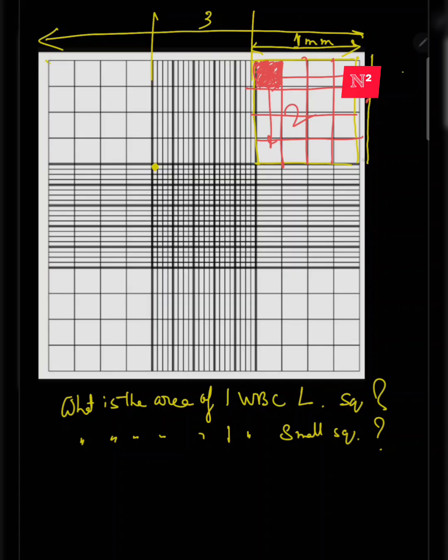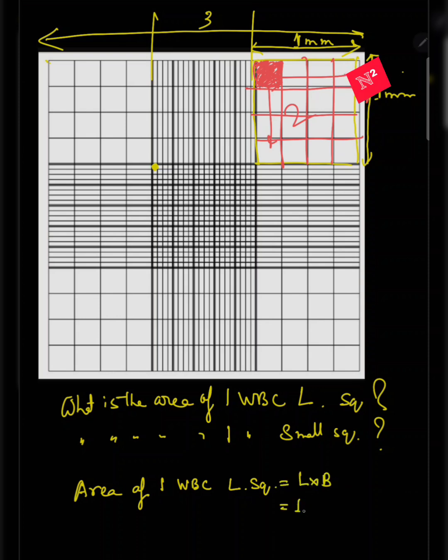Similarly, the grid is also divided 3 times vertically, so the breadth of the large WBC square is also 1 millimeter. Therefore the area of one WBC large square is length times breadth, that is 1 times 1, which is 1 millimeter square.